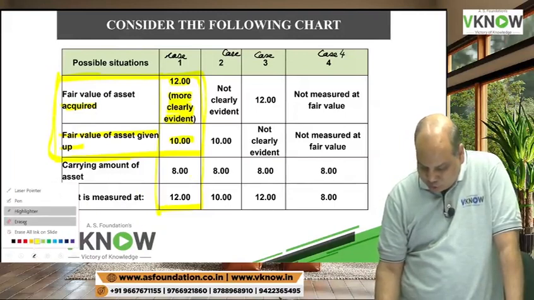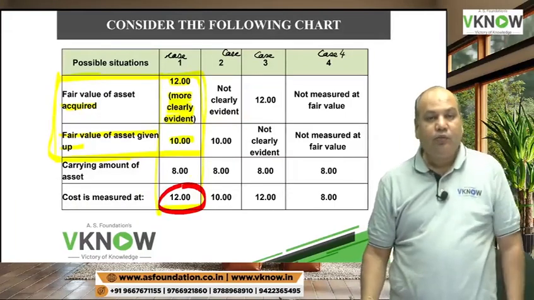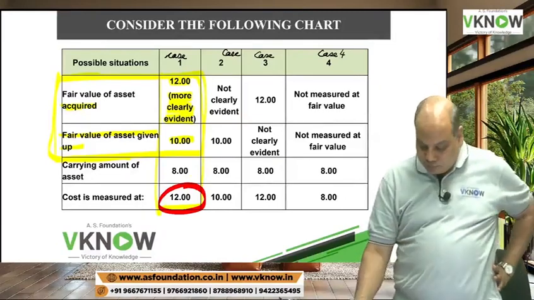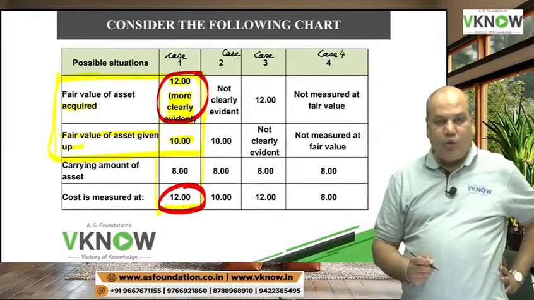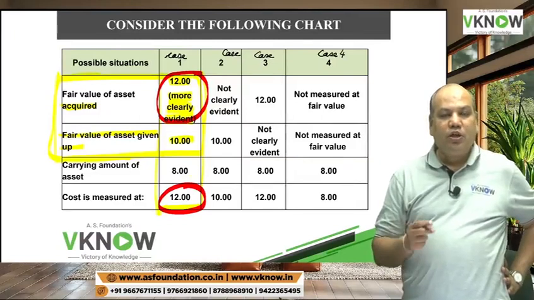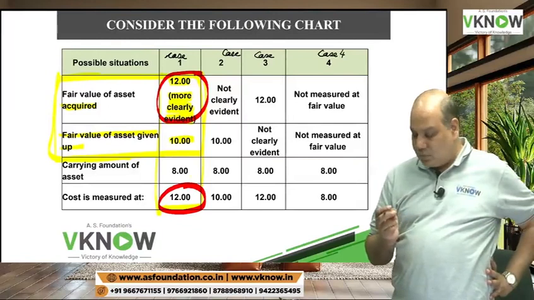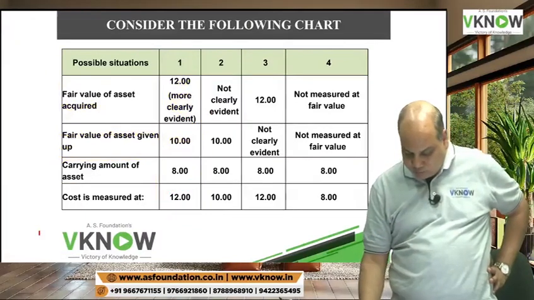Now the institute is going to ask you a question: at what amount will the asset acquired be recorded? The asset acquired will be recorded at 12. The reason: it is more clearly evident. This is case 1.